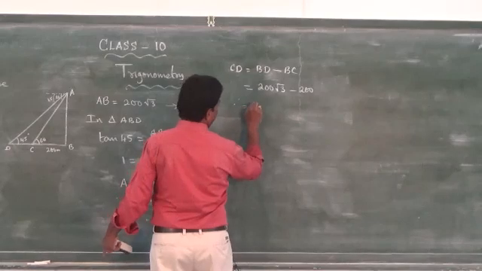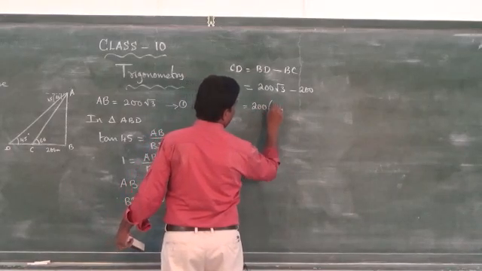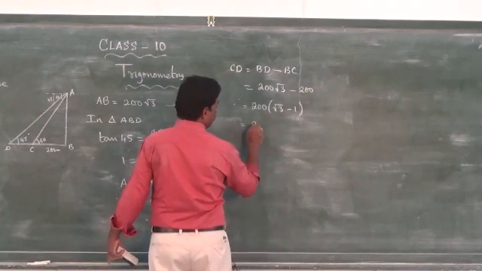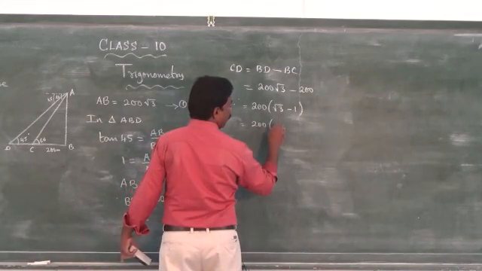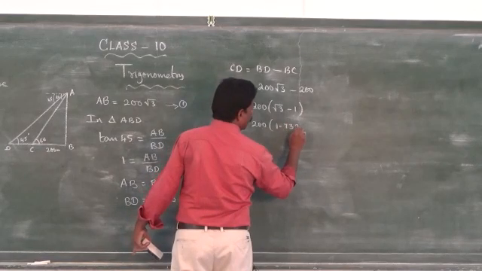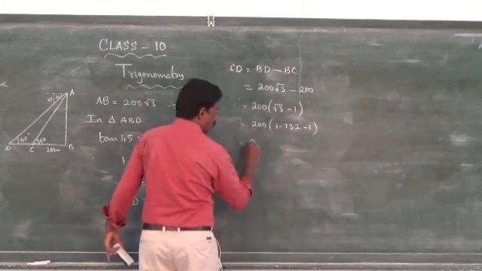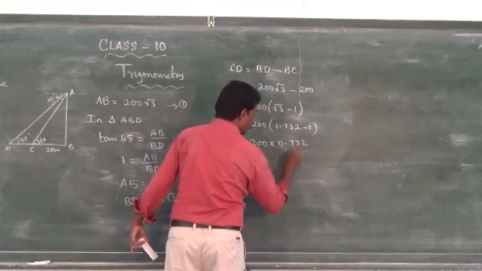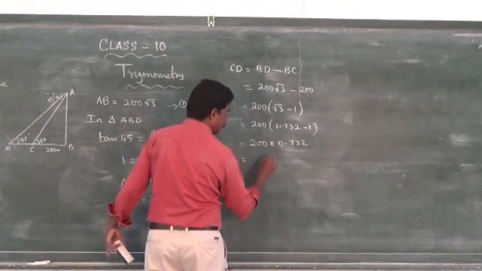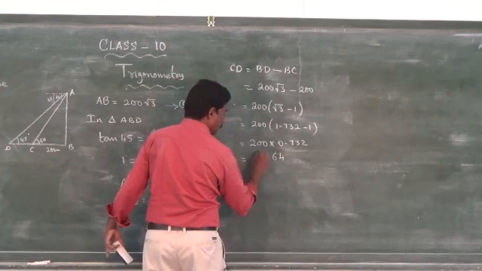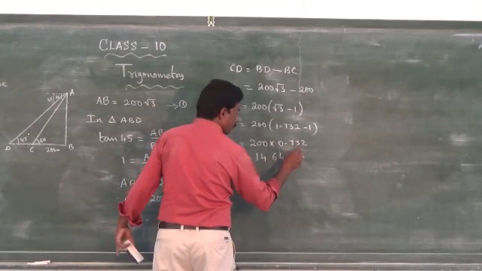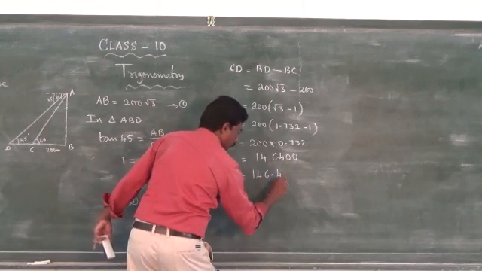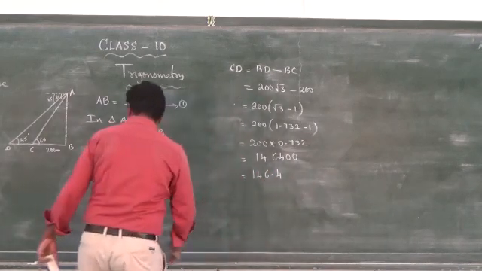When you take 200 common, you get root 3 minus 1. That is 200 into (1.732 minus 1), which is 200 into 0.732. When you multiply and put the decimal point, you get 146.4. So that is CD.